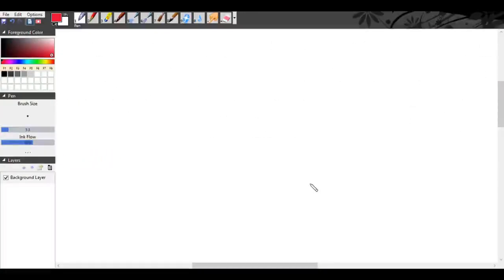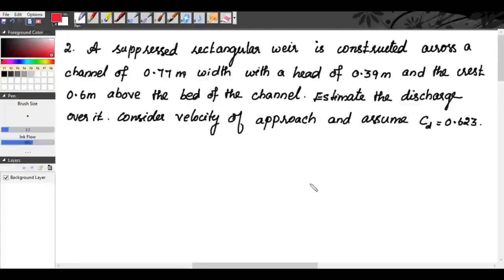So, the second problem is a suppressed rectangular weir is constructed across a channel of 0.77 meter width. So, width of the channel B is given as 0.77 meter, with a head of 0.39 meter.